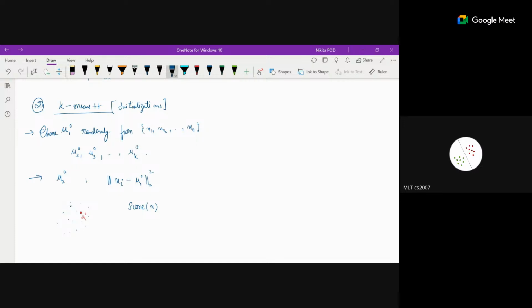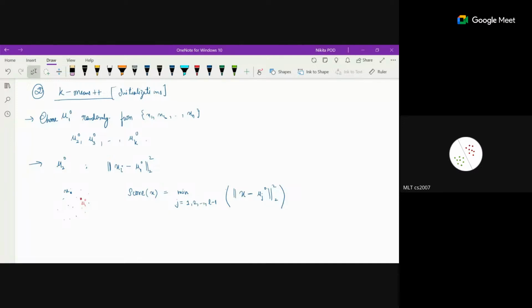So let's say this is my x. The score of x would be the min over j from 1 to l minus 1 of the norm of x minus mu j not, squared.